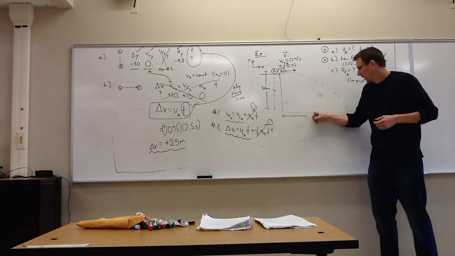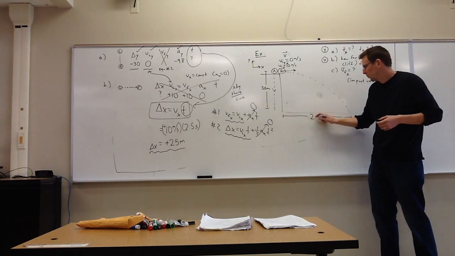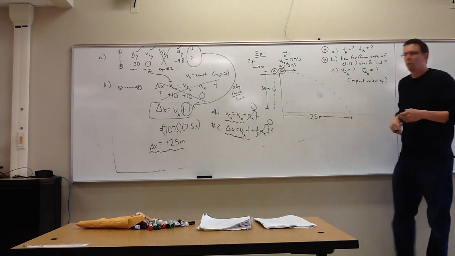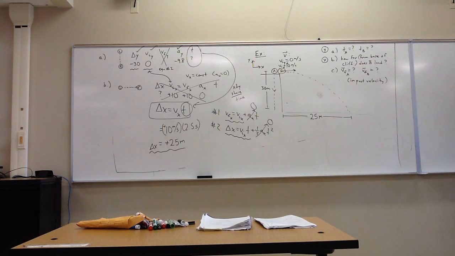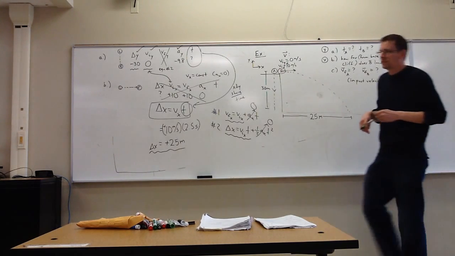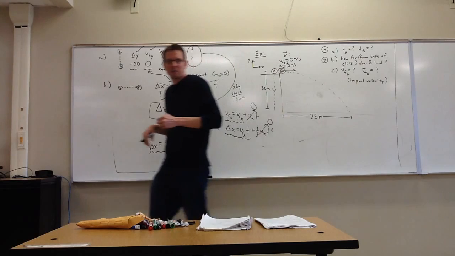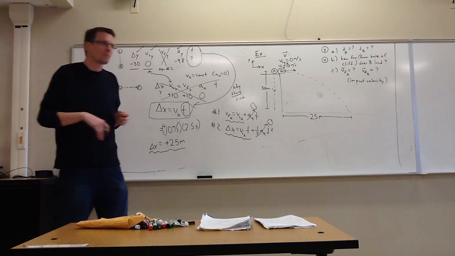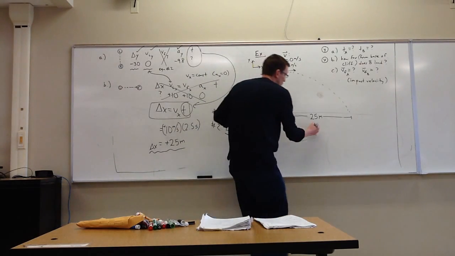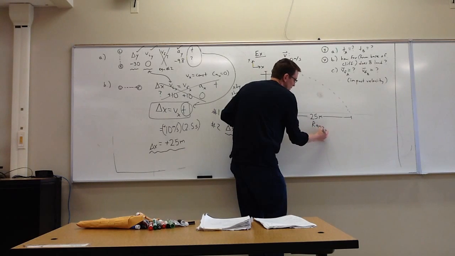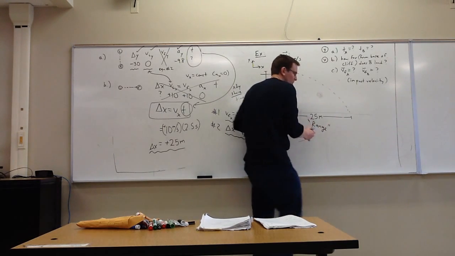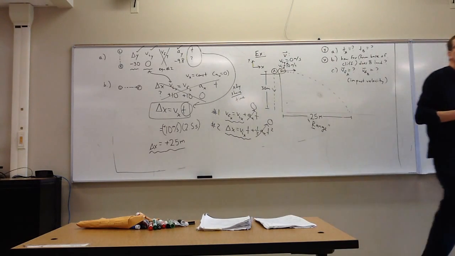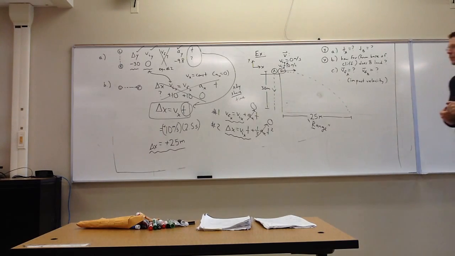I can label it in the diagram. This distance is 25 meters. That is the horizontal distance that B had a chance to travel. This distance is sometimes called the range, or R for short.